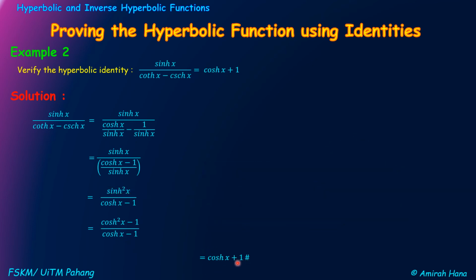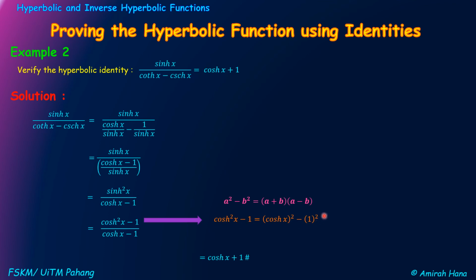From cos squared x minus 1, we can refer to the algebraic formula, which is a squared minus b squared equals a plus b times a minus b.